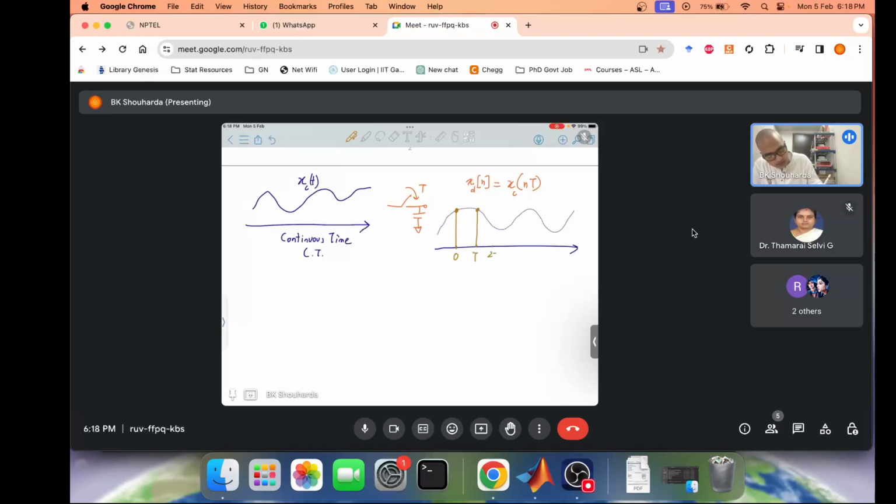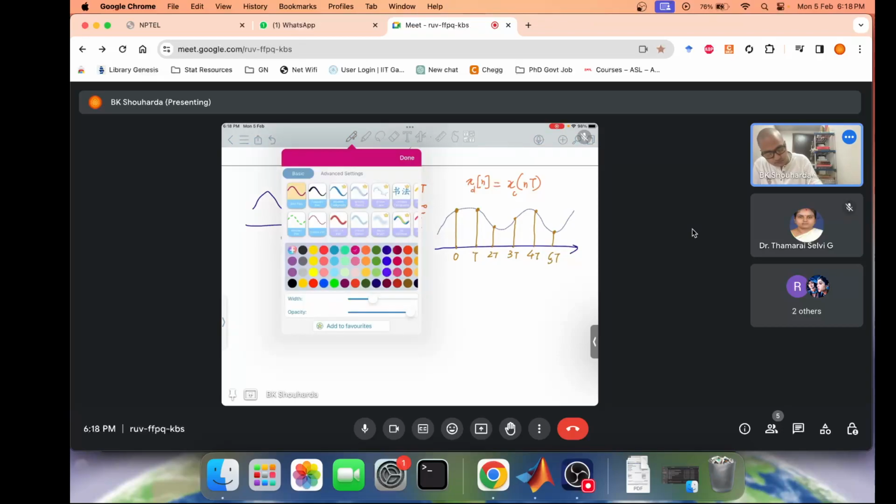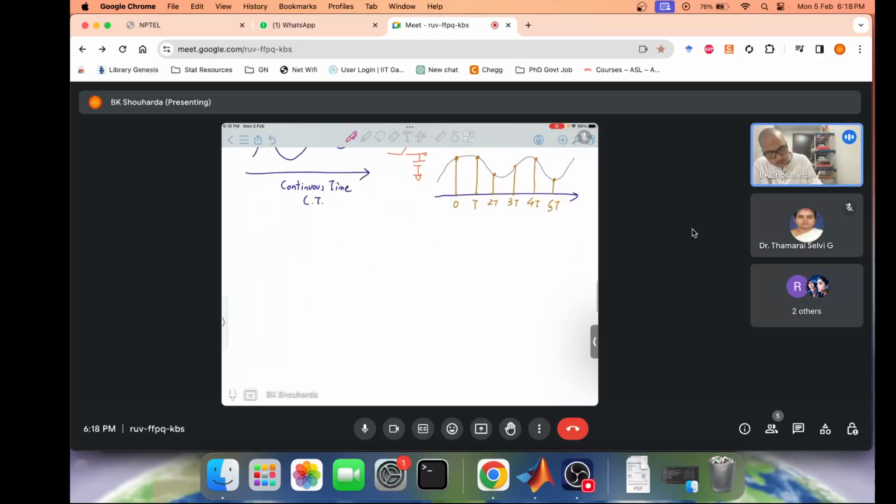At time instant 2T, I captured this, and so on and so forth. We keep on capturing these signals. And as a result, what we end up getting is this. We remove the time index once it moves into the discrete domain.